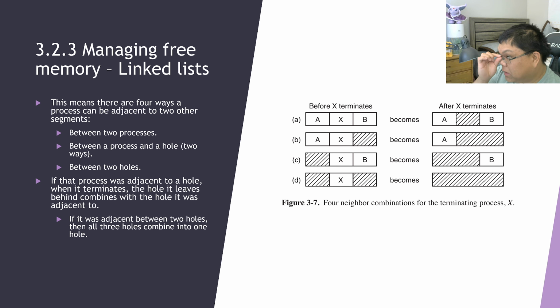If it was between a process and a hole, when process X terminates, it's gonna leave behind a hole that merges with the hole next to it. And finally, if process X was between 2 holes, when it terminates, the hole it leaves behind merges with the other 2 holes next to it into one big hole. So those are the rules. Processes leave behind holes and they merge with other holes, if there are holes next to that hole.